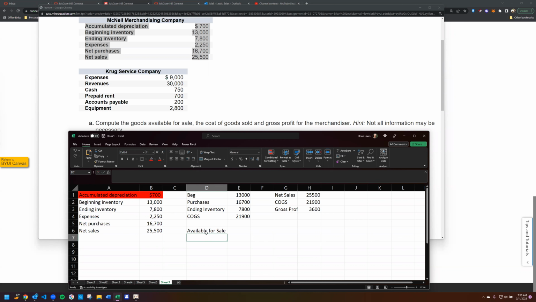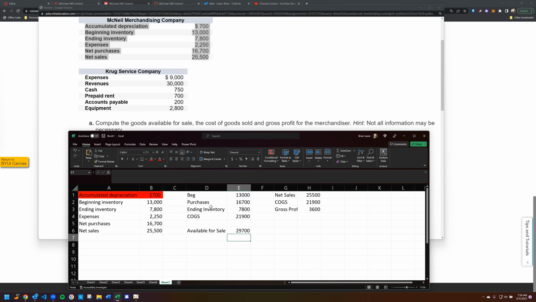Now you've got to remember, sometimes I don't understand their terminology any more than you do, but I'm making an inference that what's available for sale is your beginning inventory plus your purchases. That should be your available for sale.